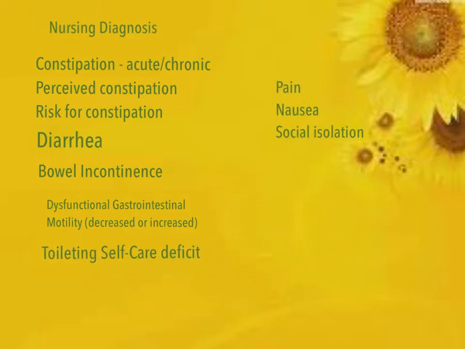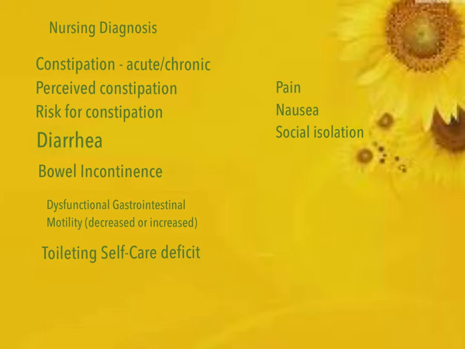Now, some secondary nursing diagnoses that can be a result of problems with bowel elimination. Obviously, if you're having cramping and diarrhea, you have pain. Constipation can cause nausea, so you can have nausea related to constipation. And folks that have bowel incontinence issues, as we talked about, can have issues with social isolation.